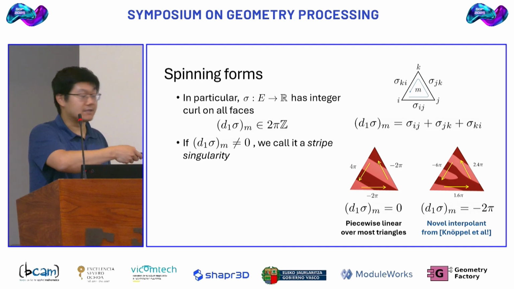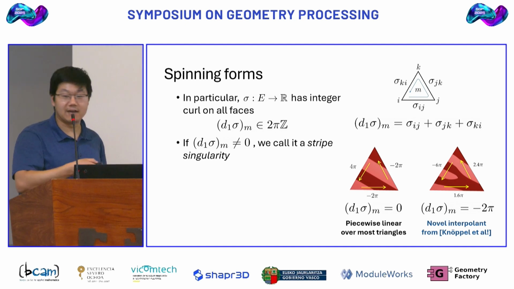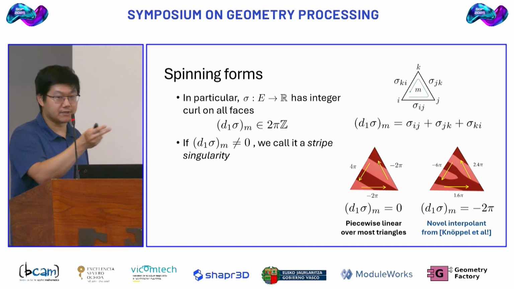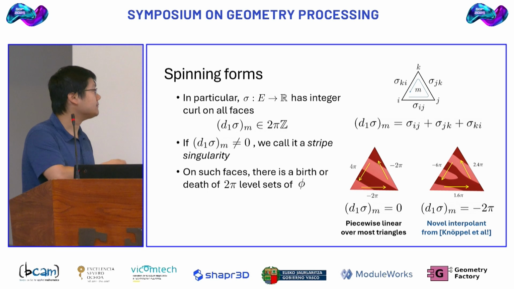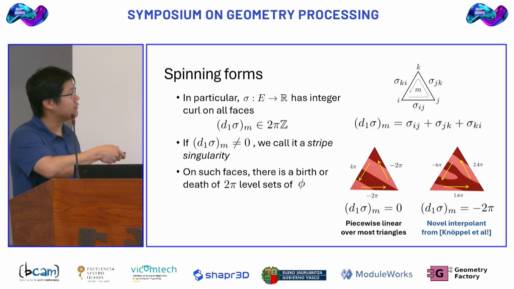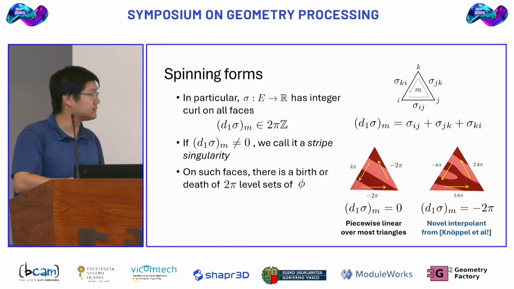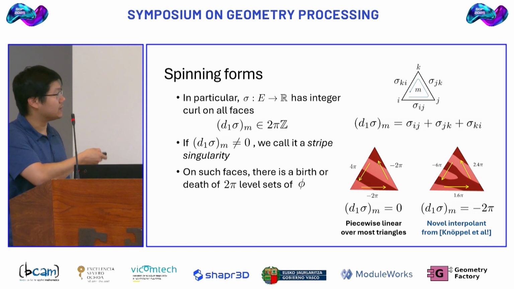We call these stripe singularities. They correspond to the increases and decreases and the ends of the short rows in the eventual pattern. Intuitively, you can also think of it as a birth or death of 2 pi worth of level sets for the periodic function, if it's plus or minus 1.